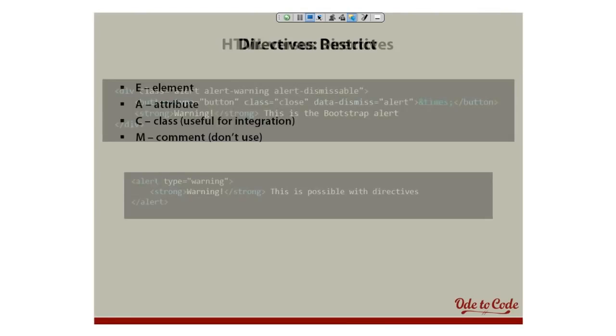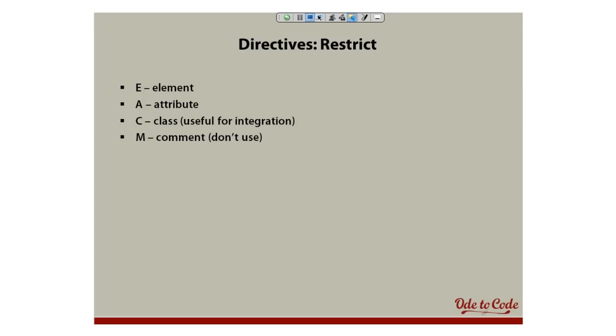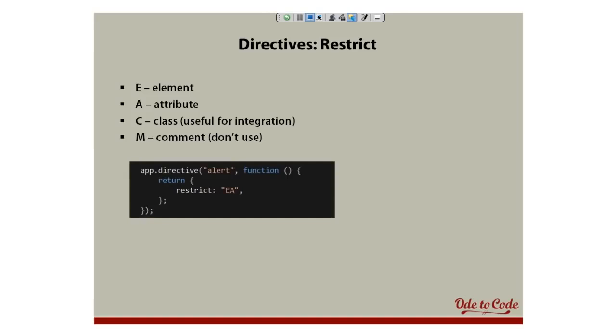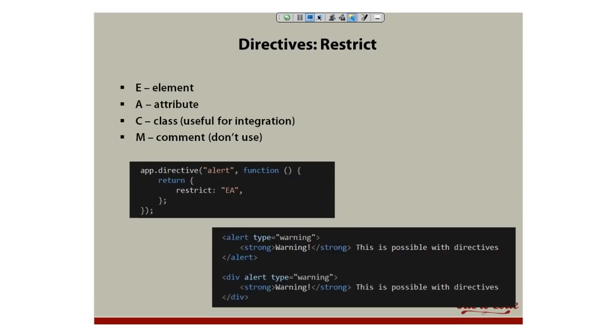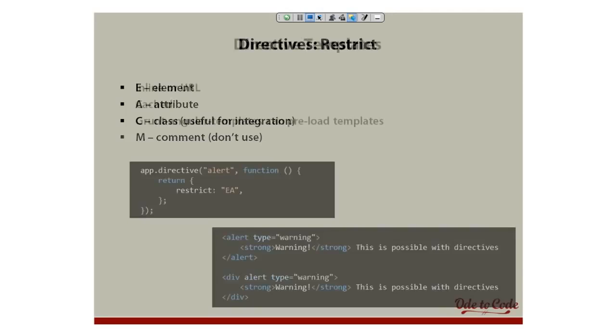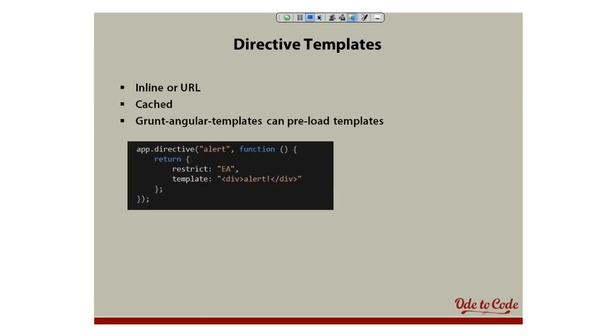So let me flip back to the slides for just a second and talk about a couple of things that we've seen. One is the directive definition object. That's the E, A, C, and M that I described. Typically you want to restrict to something like E or A. And then the template that I'm using, alert.html.